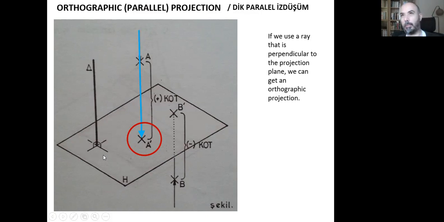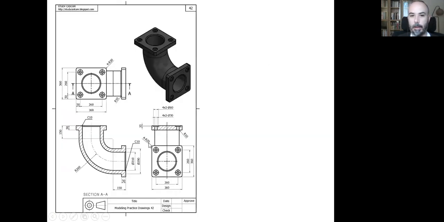When we look from above, directly above, we will not be able to notice that there is a level difference between the point A and the projection plane, and it seems like this point is actually on this plane. We think like that. So this is what we are going to do here.